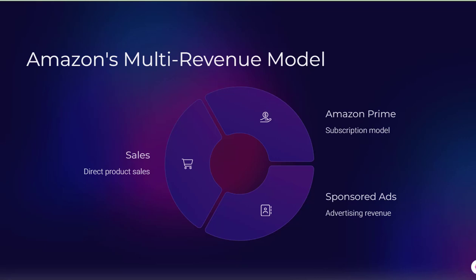Sponsored ads on Amazon's platform are another important revenue source, where brands pay to advertise their products to Amazon's large customer base. Together, these 3 pillars, product sales, subscription, and advertising, form Amazon's multifaceted and highly profitable business model.